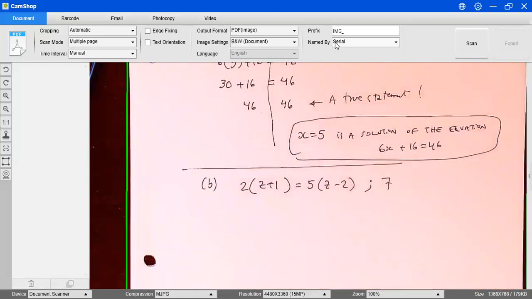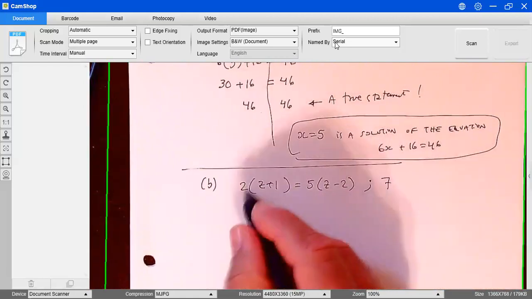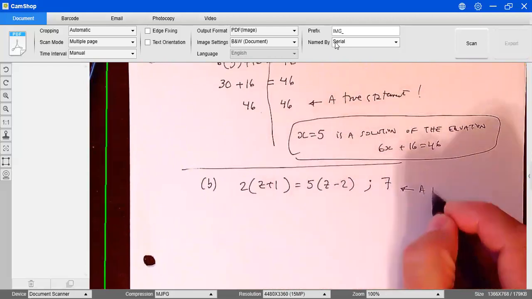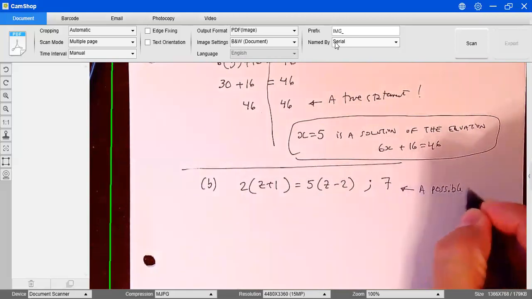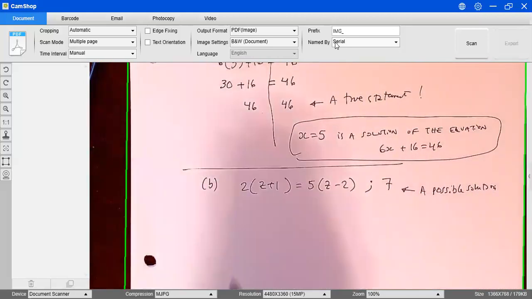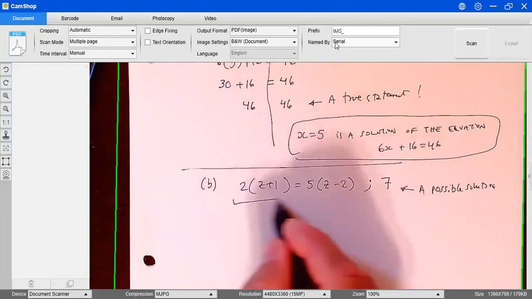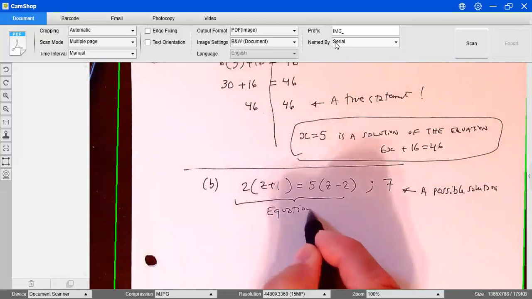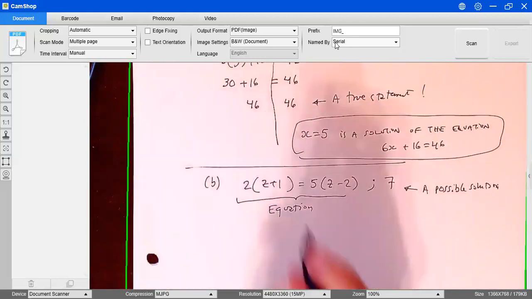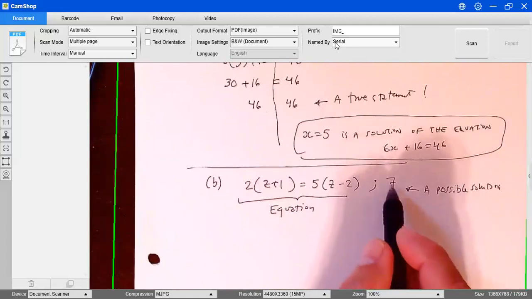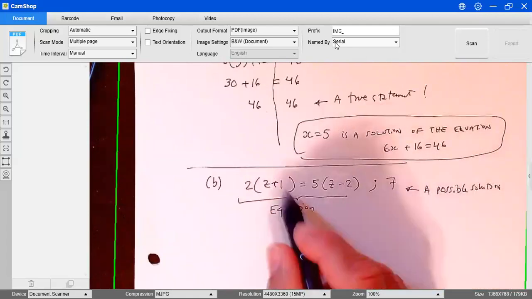So we read here that we have an algebraic equation, and then we have a possible solution. So we need to evaluate.